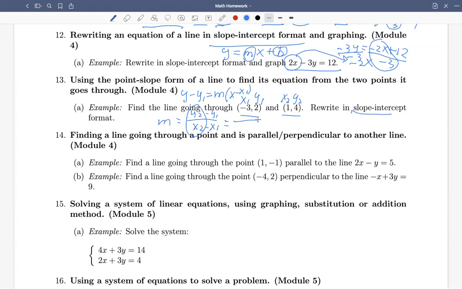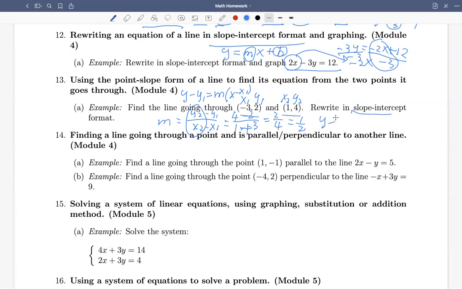Now let's plug in the values. y2 is 4, y1 is 2, so 4 minus 2, which is 2. And x2 is 1 minus negative 3. Negative 3 is x1, so 1 minus negative 3 becomes 1 plus 3, which is 4. 2 over 4 can be simplified to a half, dividing by 2 in the numerator and denominator. So that's our slope.